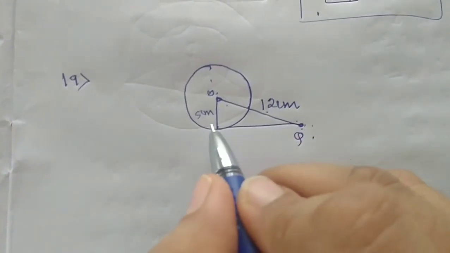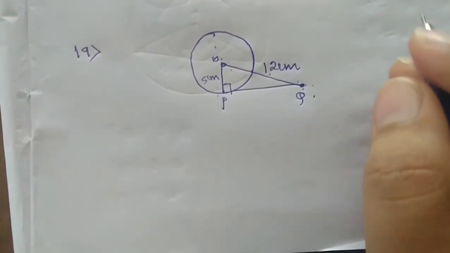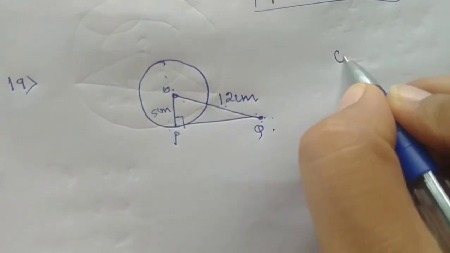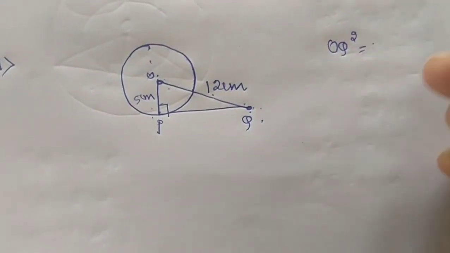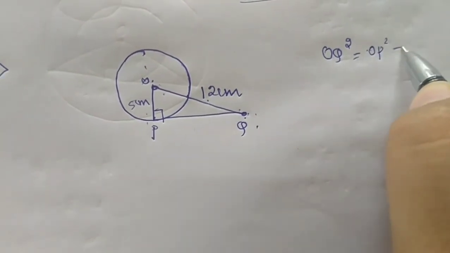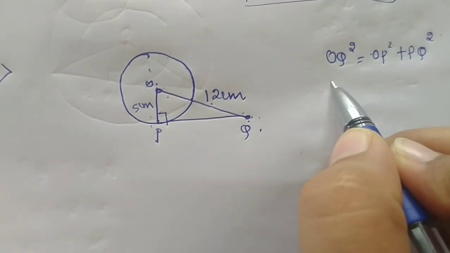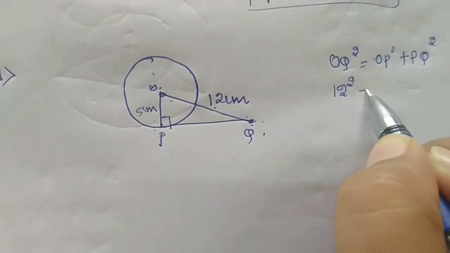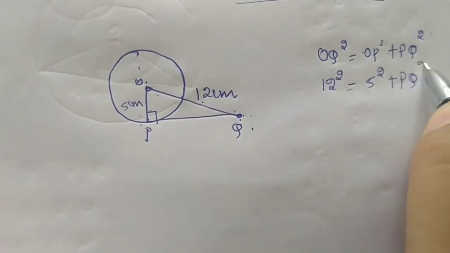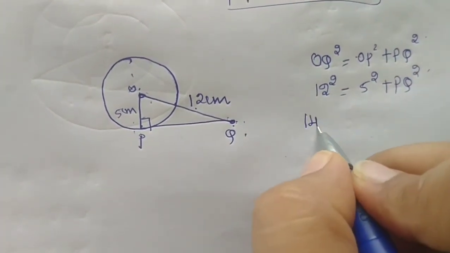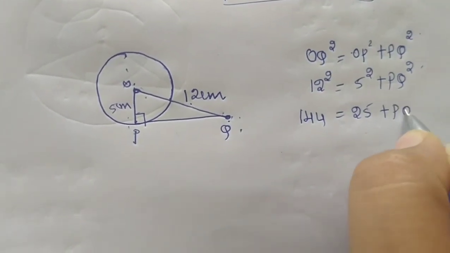Here also you have to apply the same thing, that is Pythagoras theorem. So OQ square is equal to OP square plus PQ square. OQ square is 12 square, which is equal to 5 square plus PQ square. So 12 square is 144, which is equal to 25 plus PQ square.